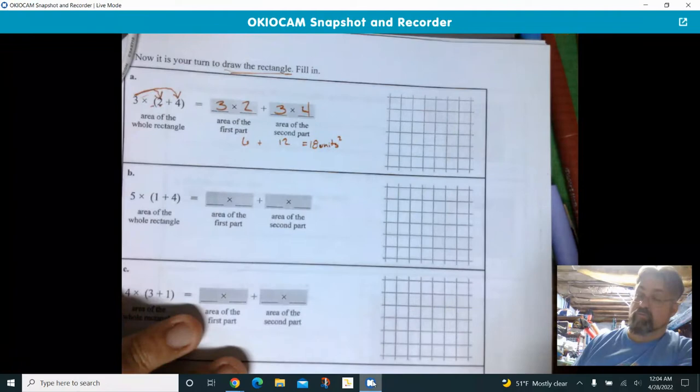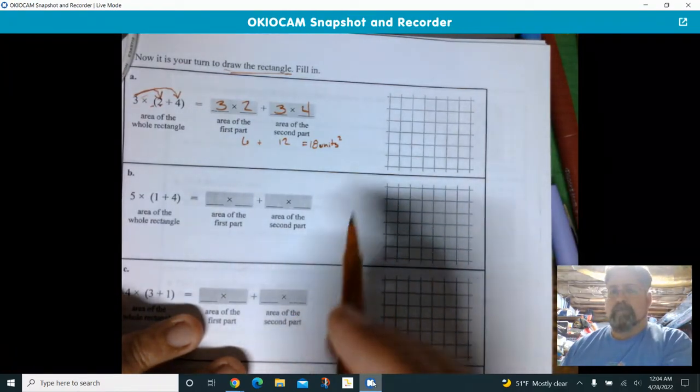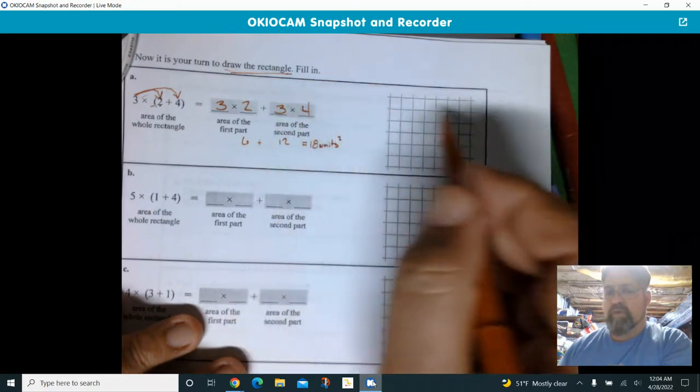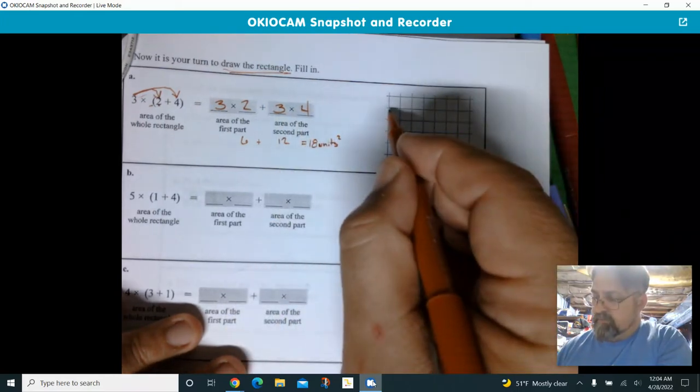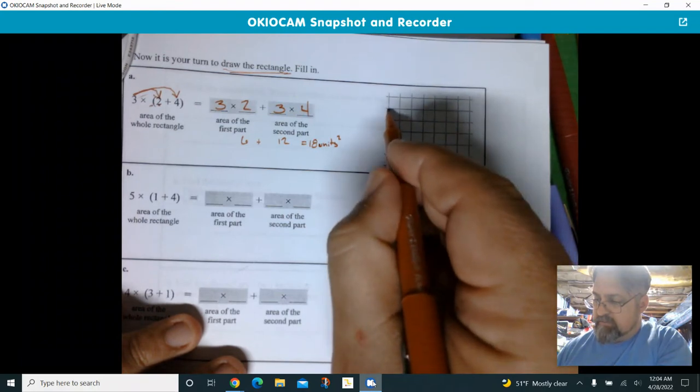Okay, otherwise I'd have been totally wrong. Could have been, what, 18 horses, right? Okay, so I have to draw this rectangle over here to make it go down 1, 2, 3 spaces.